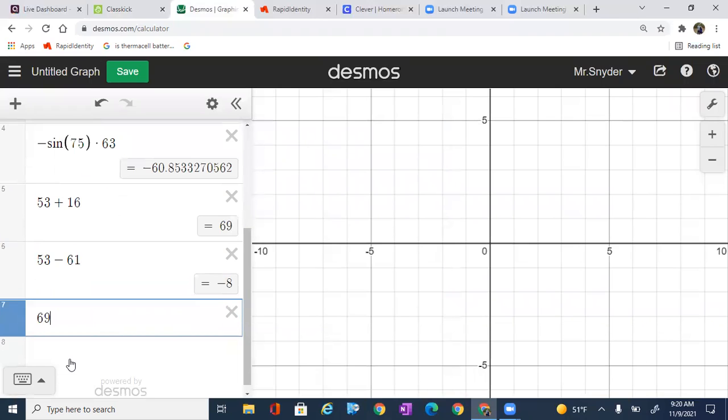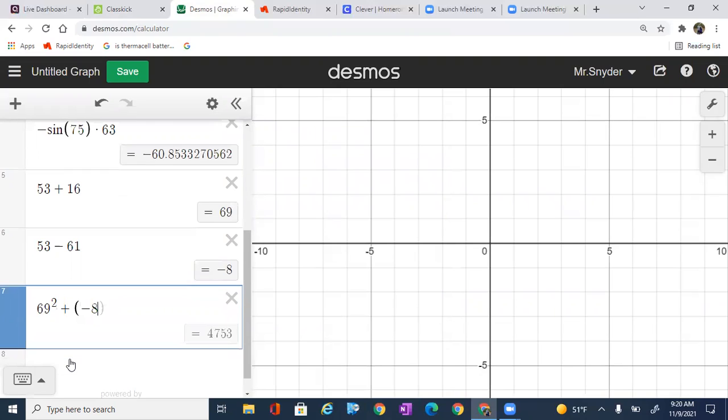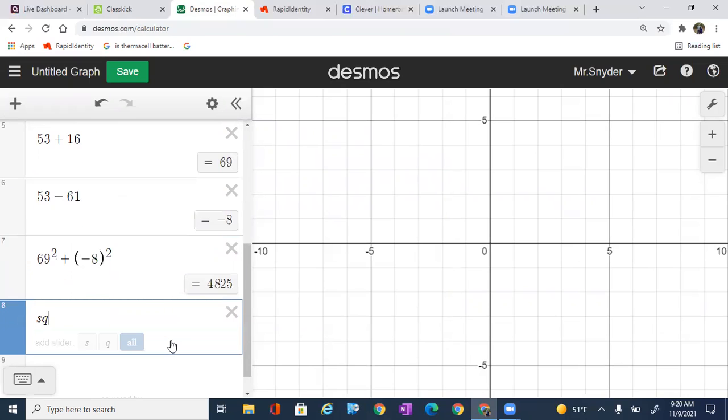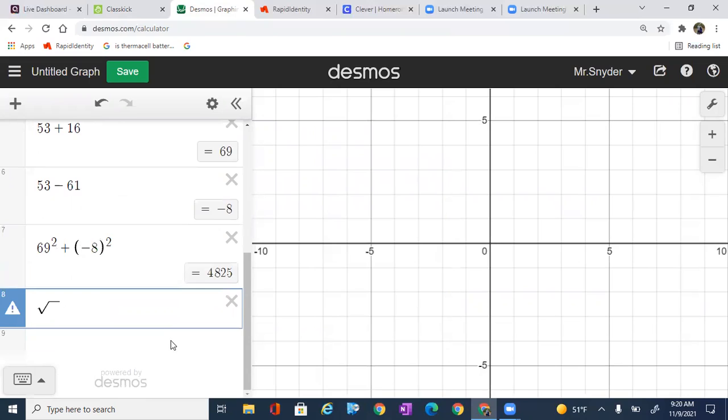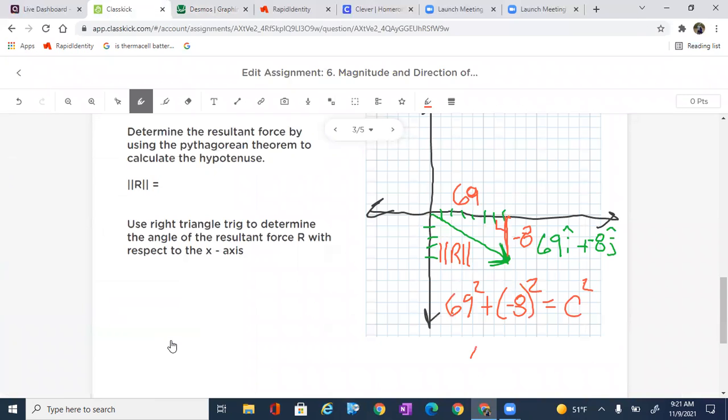So 69 squared plus negative 8 squared, which is 4,825. And we're going to take the square root of that, 4,825, which gives me 69.46. And that will be our result, 69.46. Let's just use 69.5.